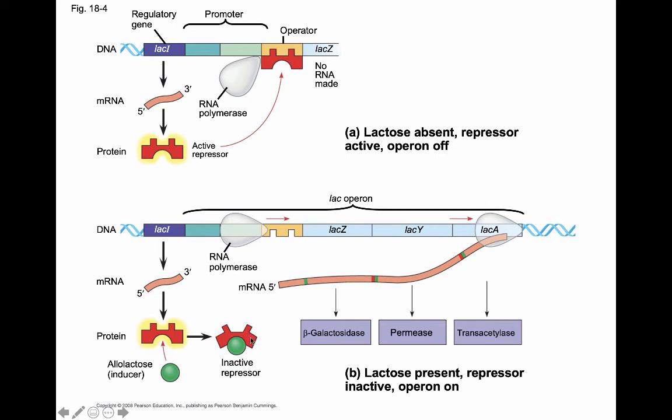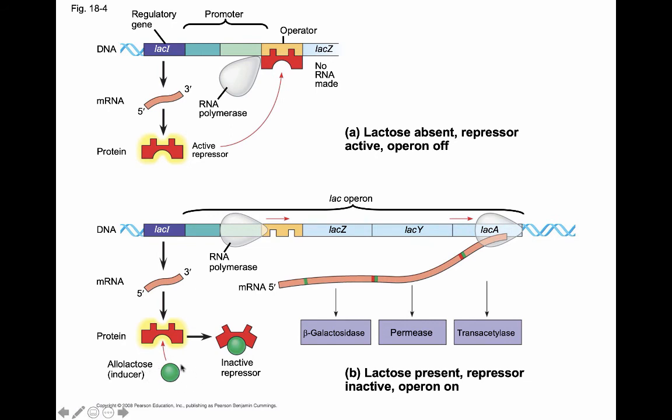So when would these genes be useful? Well, if there's lactose present in the cell. It could be a bacterium in your gut, and you just ate a nice tub of yogurt, and you've got a bunch of lactose in there, now those bacteria might want to switch on those genes and use that lactose as a source of energy.